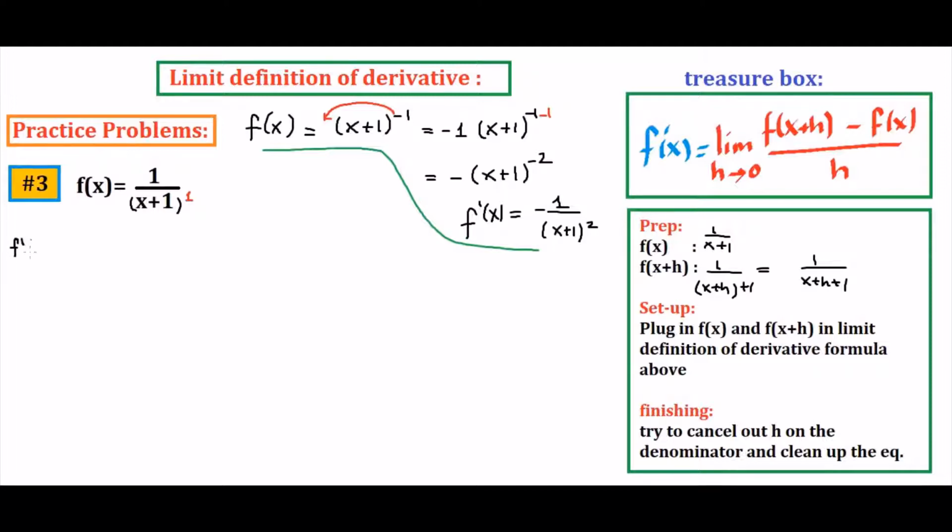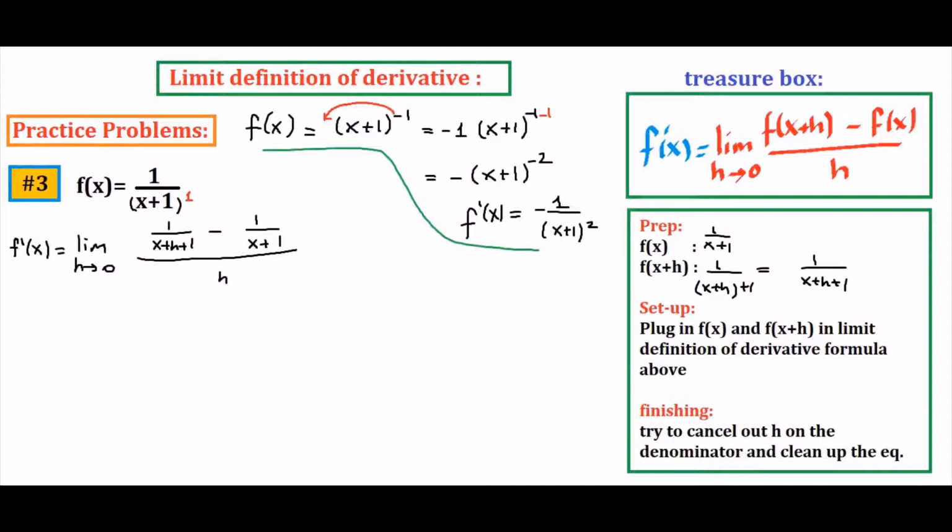Now we will place everything into formula. So f prime of x is equal to limit as h is approaching to 0, f of x plus h, which is 1 over x plus h plus 1, minus f of x, which is 1 over x plus 1, all over h. Now we're going to do this subtraction between two fractions.